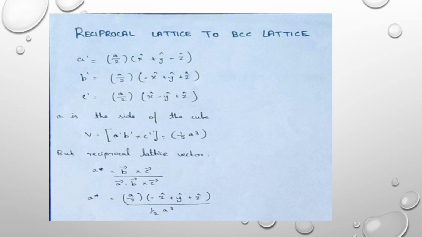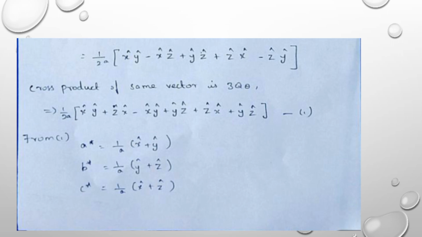A star is equal to A by 2 (minus x vector plus y vector plus z vector) by 1 by 2 A cube, which on expanding the cross products, with the cross product of the same vector being zero, gives equation 1.